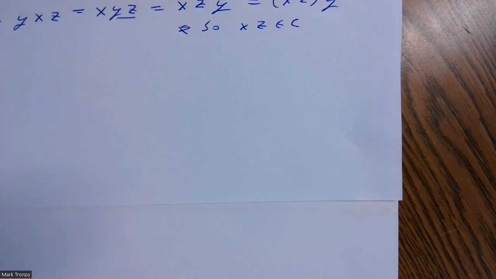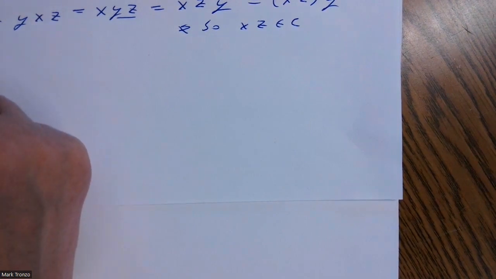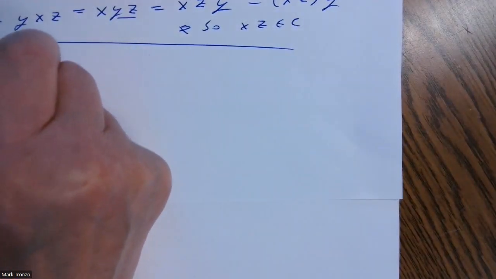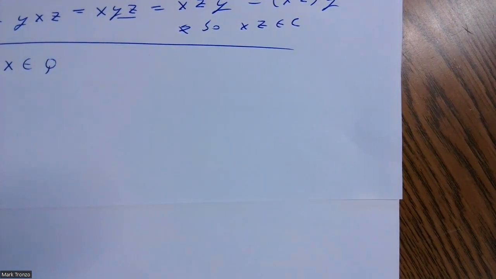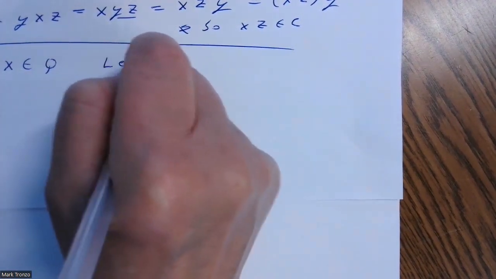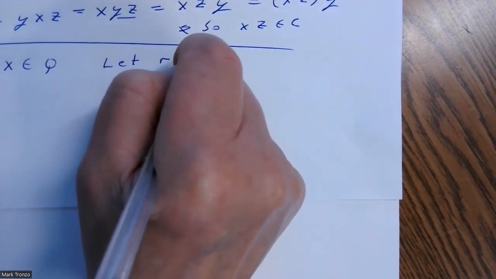Okay, so let's say you show it's a subring. Then what we want to say is, let x be in the rationals, and let r be in the reals.